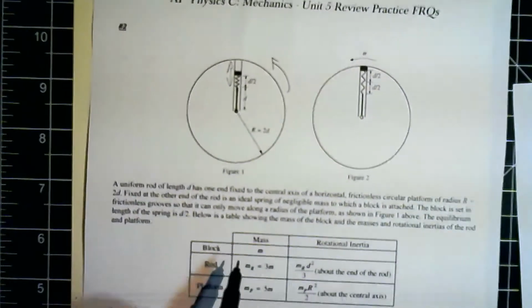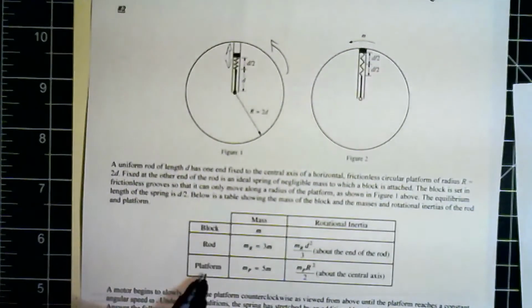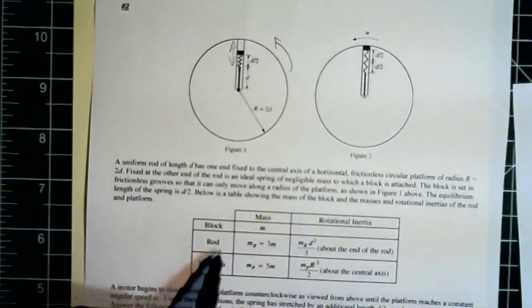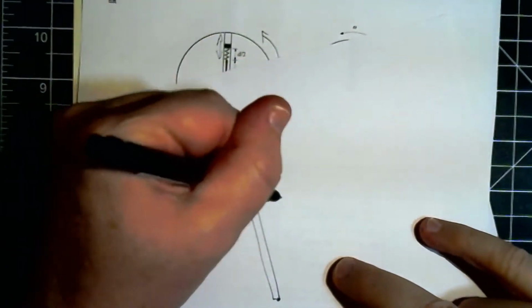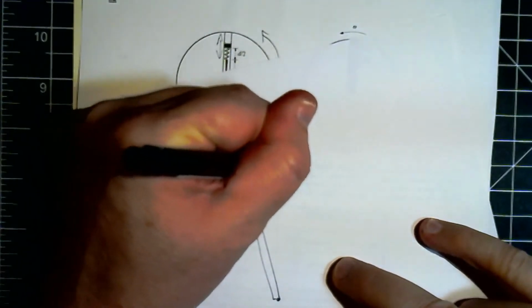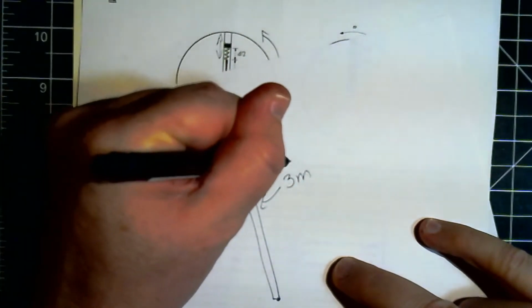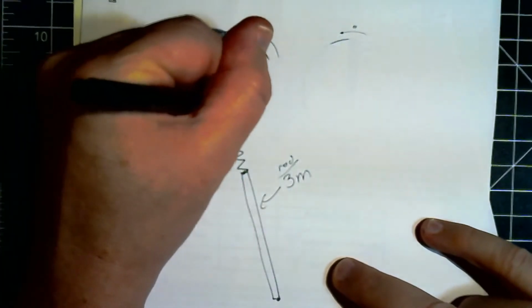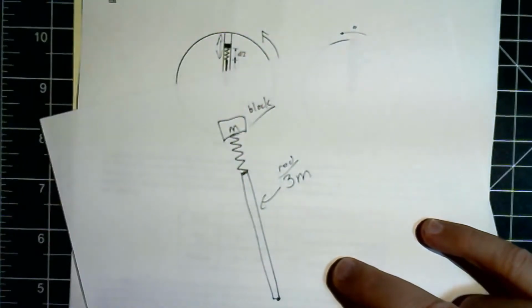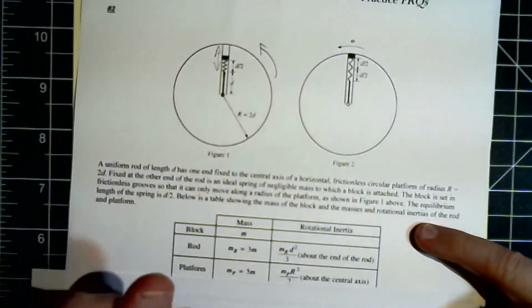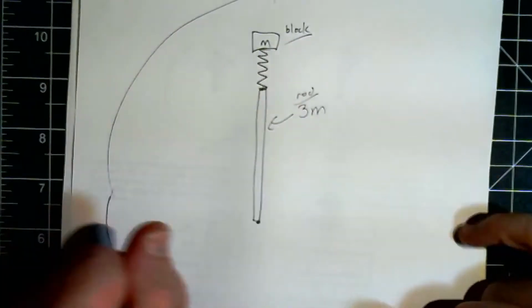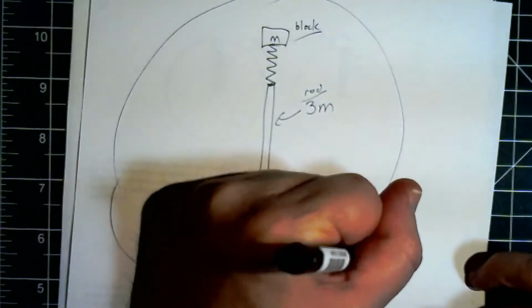It tells us information about the block, the rod, and the platform. The block has a mass of m. The rod has a mass of 3m. Okay, this is the block. That's the rod. And then the platform that it's sitting on, this whole circle, has a mass of 5m.